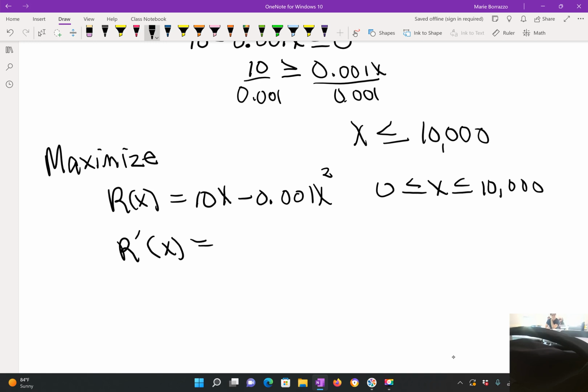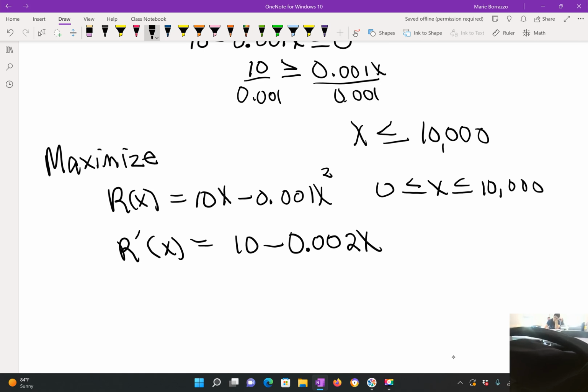So we do this, we get 10 minus, my bad, minus, and remember it's 2 times this, so it becomes 0.002x. That's your first derivative, which we now solve.